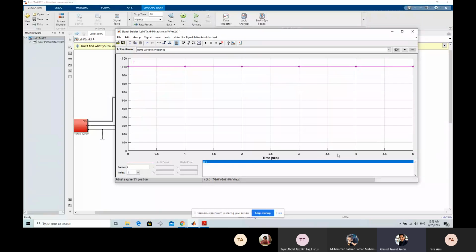So that indicates from 0 to 5 you have the same irradiance, 1000. So this is how we change it. If we want 200, we change it to 200 like this. Okay, alright, thank you, sir. Do you guys have any other questions? Then we can go to the rubric part, where we can demonstrate by sharing your screen.